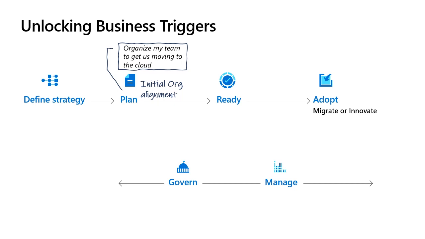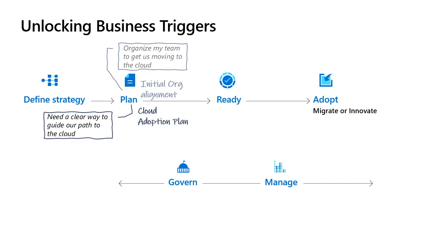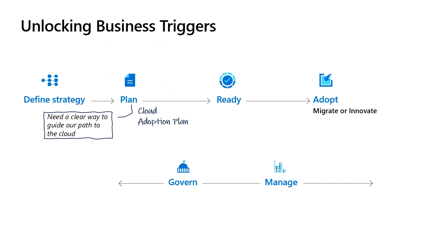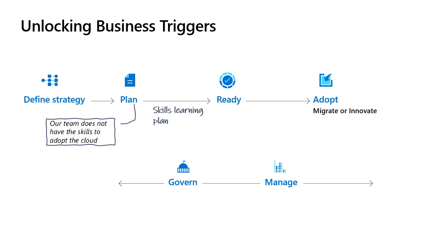So we have a guideline on how you can initially align your organization. It's all documented there as well. If you need a clear way to guide your path to the cloud, we have a template for cloud adoption planning. It's also part of the cloud adoption framework. How do we make sure that our team gets ready with the skills to adopt the cloud?